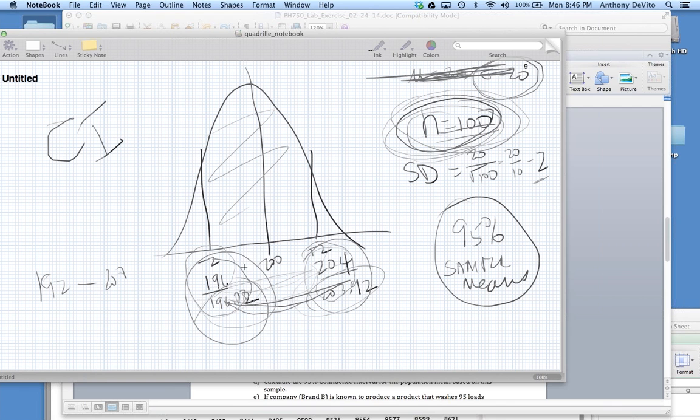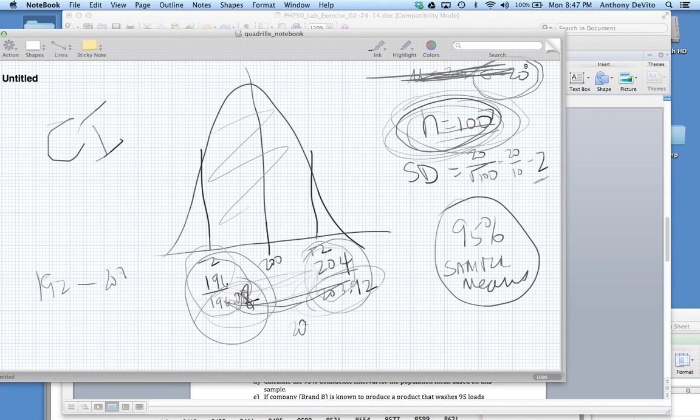It shouldn't be 0.02, it's 0.04. 1.96 times 2, you lose 0.08, I think. Right? Should be 0.08. You can actually do the math: it should be 1.96 times 2. And on the other end, it's 203.92.